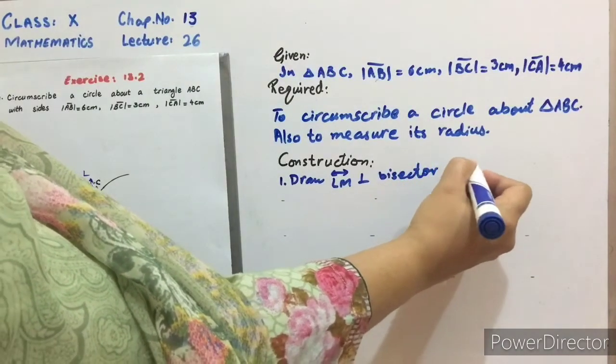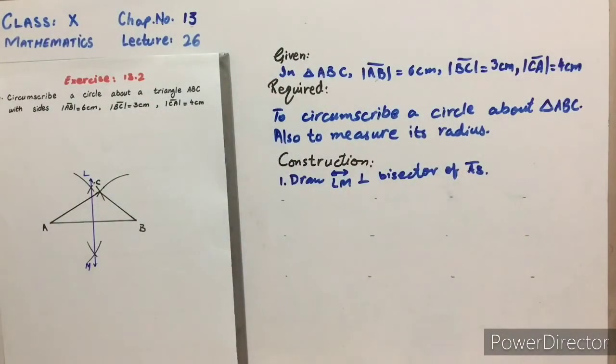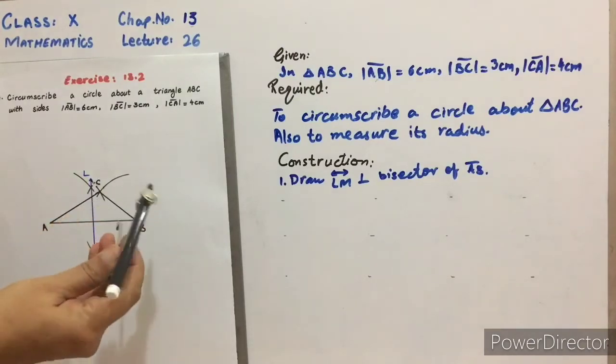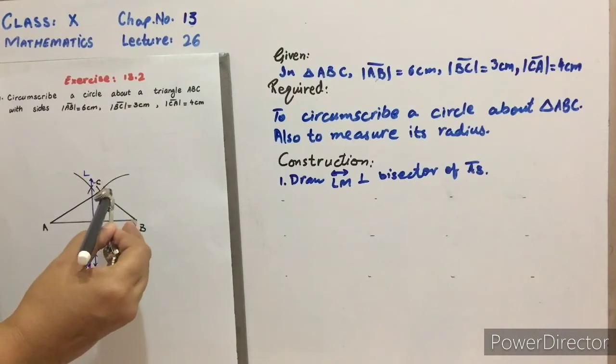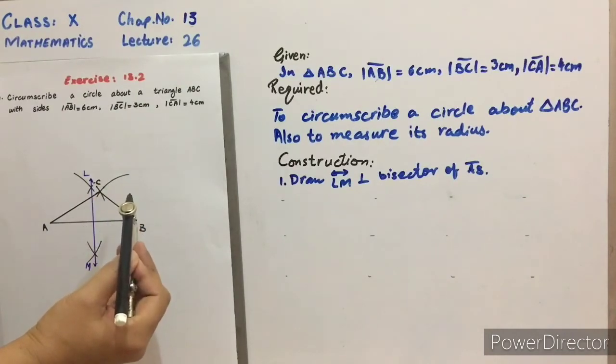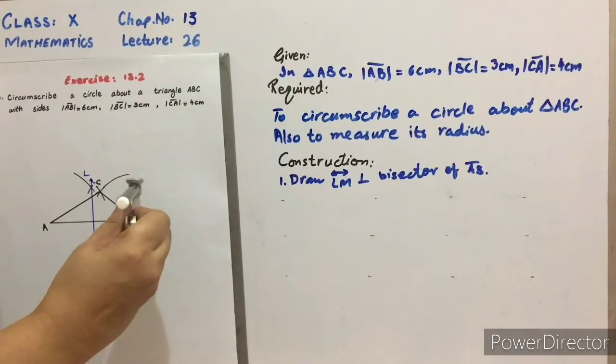of line segment AB. Similarly, draw another perpendicular bisector of another side BC, with more than half of BC.